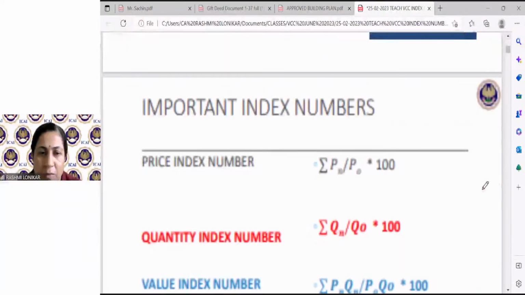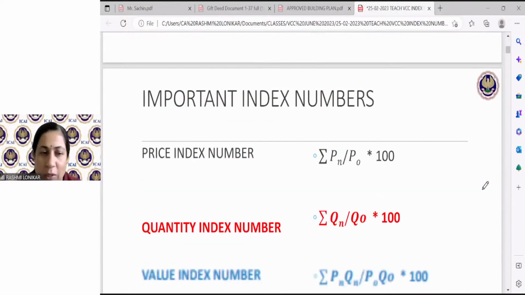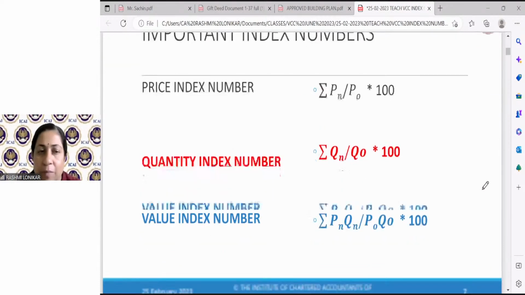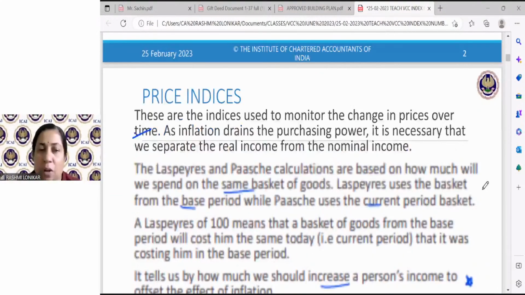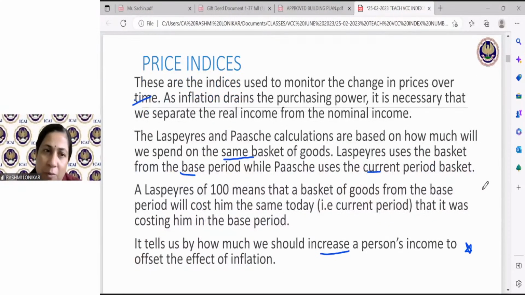So, just revising, we have three types of indices: price, quantity, and value. We talked about Laspeyres, which takes the quantity of the base year and finds the price of those same quantities in current year prices.